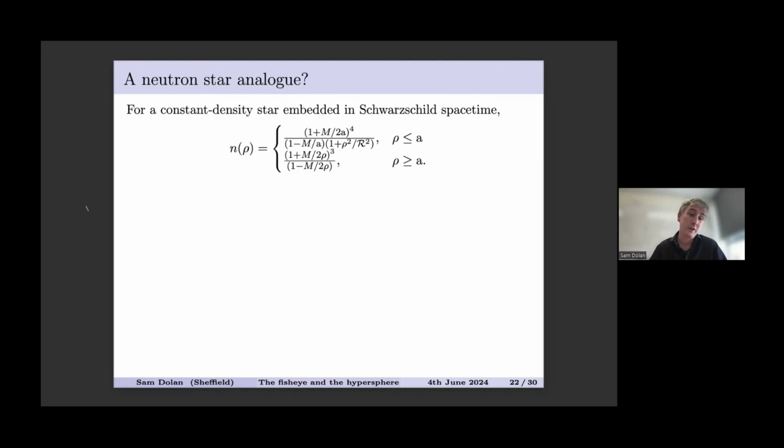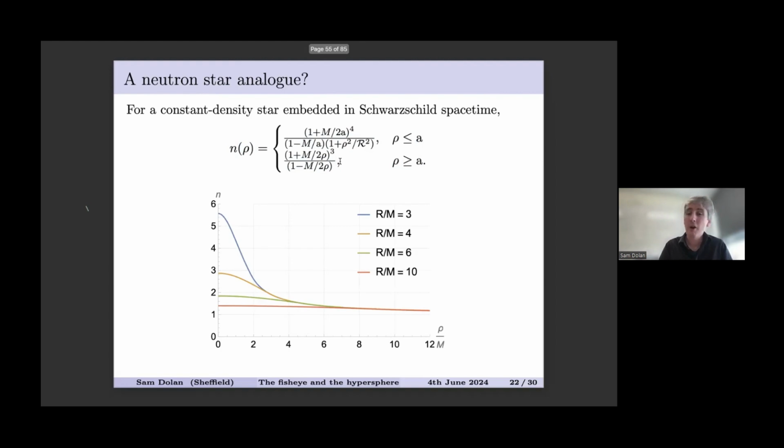Okay, and all you need to do is make your refractive index look like this, where inside some radius, it takes this form, and outside the radius, it takes this form.